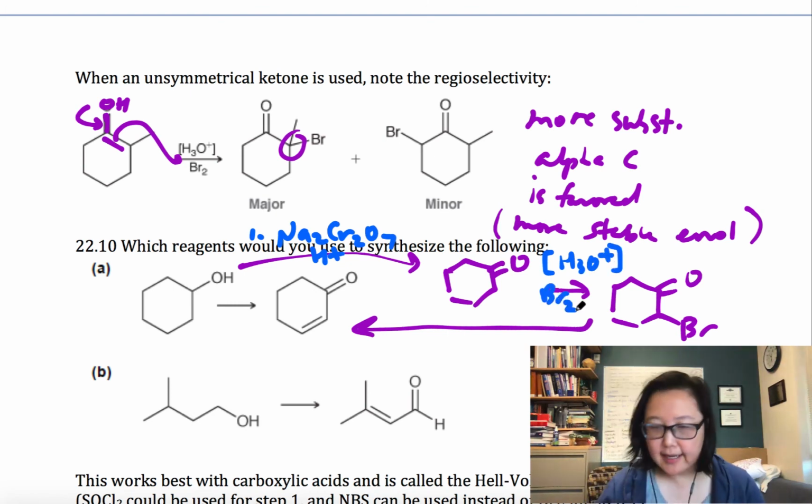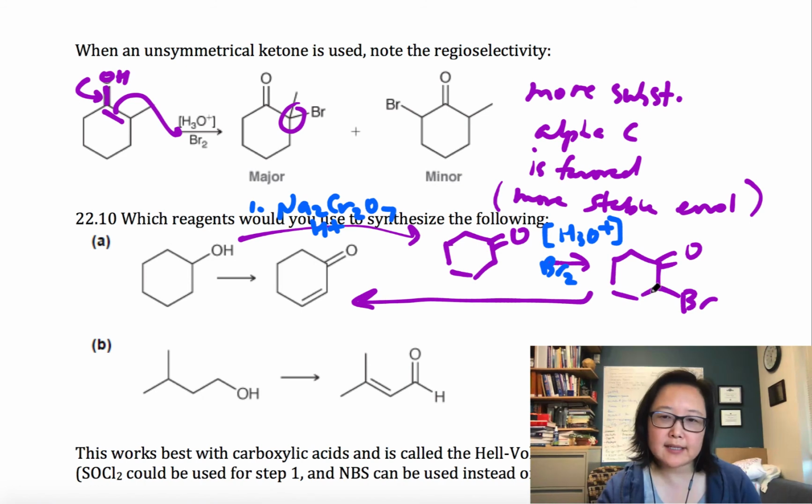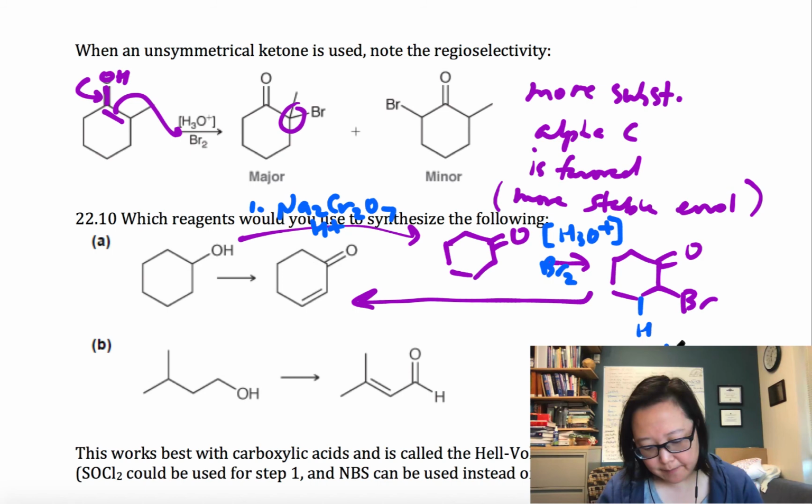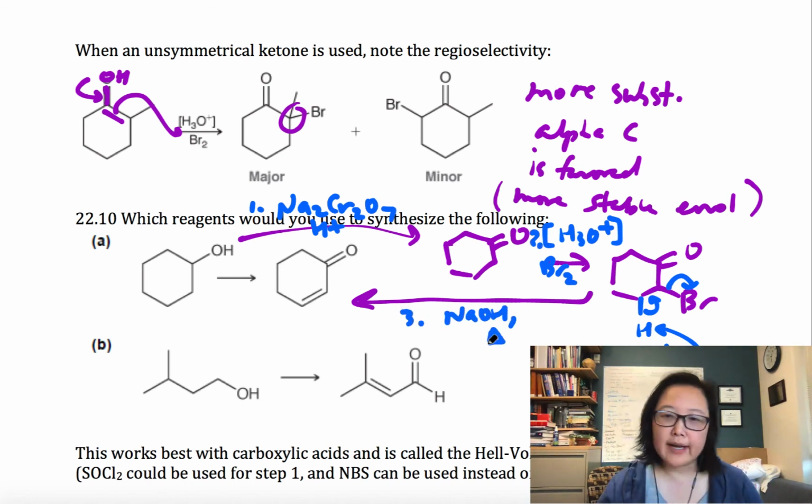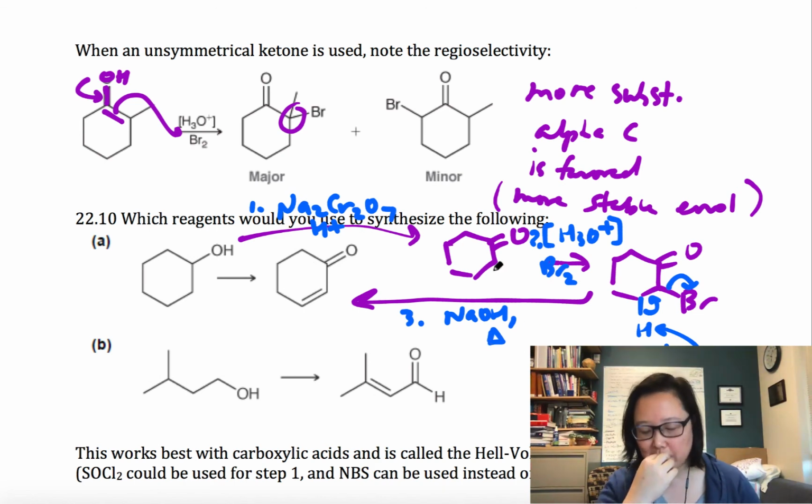Our last step is not something we covered now, but something you should be aware of: I just need an E2 elimination. So I just need base to come grab this H and lose that leaving group. For step 3, strong base and heat. I don't need a bulky base or anything; any kind of strong base will be fine. That's an example of E2 elimination from first quarter OChem.